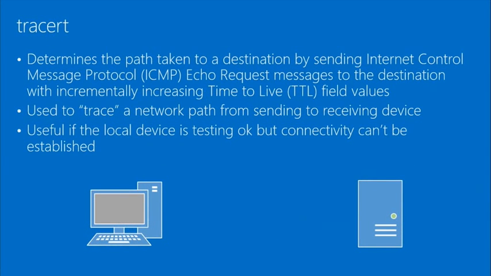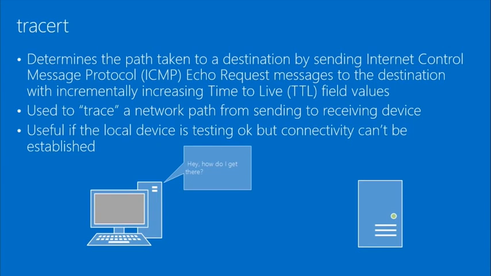Traceroute. Traceroute allows the ability to determine a path taken to a destination by sending an ICMP echo request message to the destination and then incrementally increasing time to live field values. Time to live is basically hops in the packet. It is used to trace a network path, and it's useful if the local device is testing okay, but you're not sure the route is correct.